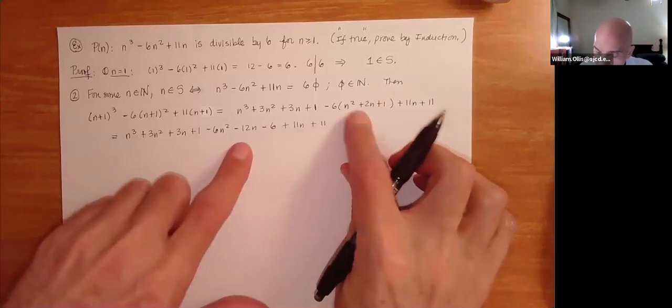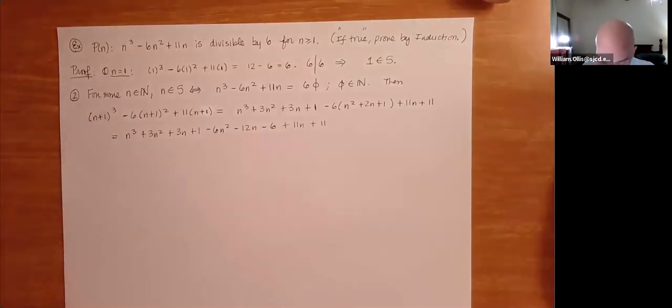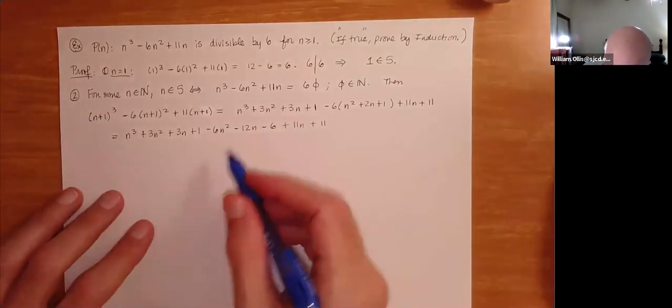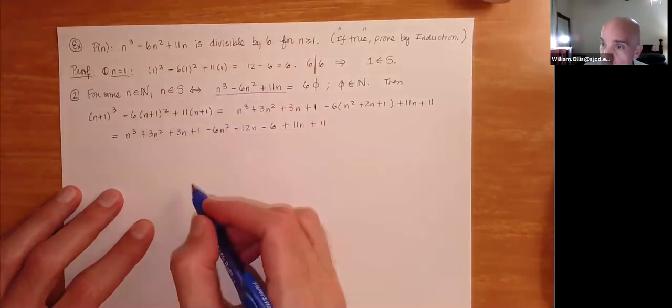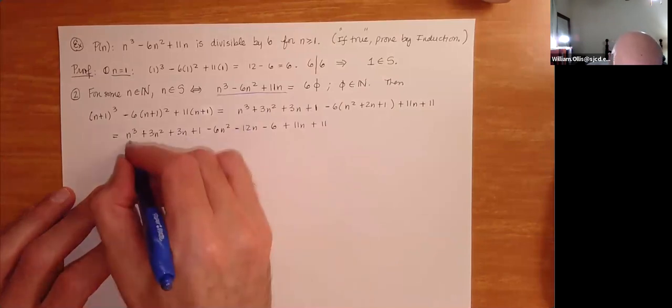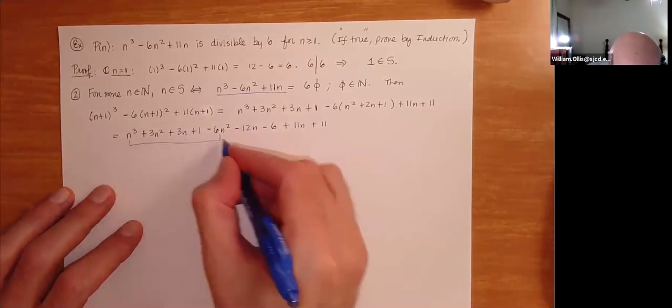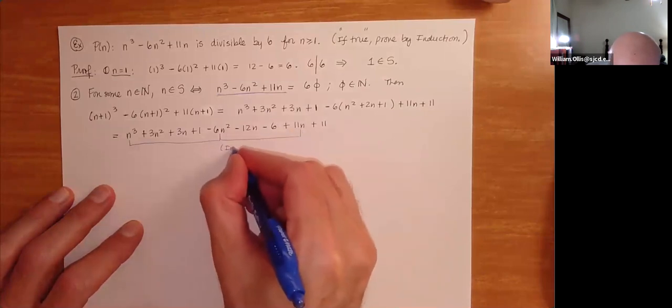So on this line, all I did was just multiply these out. So that was very easy. So what we want to do is recoup this because we know this is part of our induction hypothesis, and it's very important. So we can see we have it right here and then here. So this is the induction hypothesis.